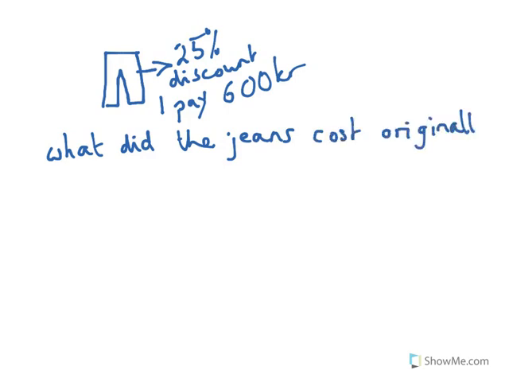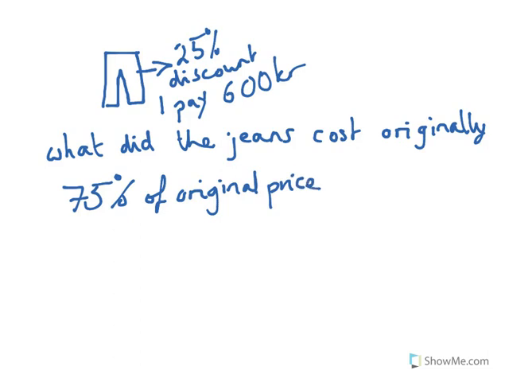Again, it's super important with percentages that you set up your formula correctly. So what do I know then? I know that 75% of the original price gives me the price that I had to pay, which was 600 kronas.